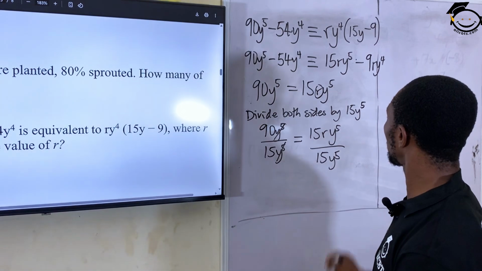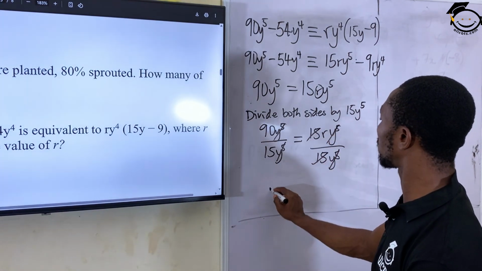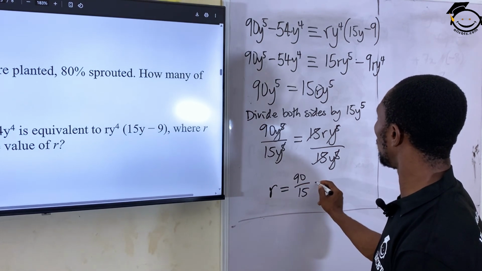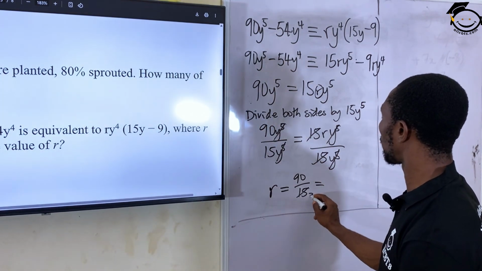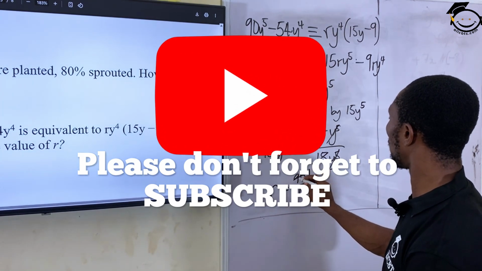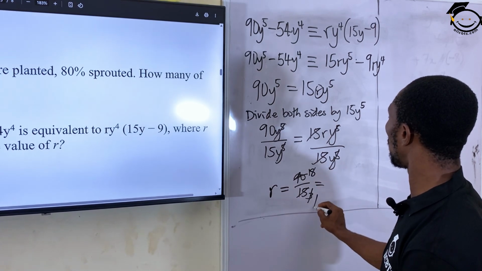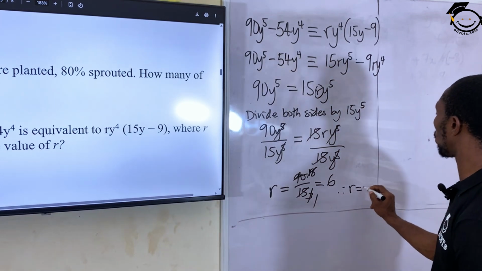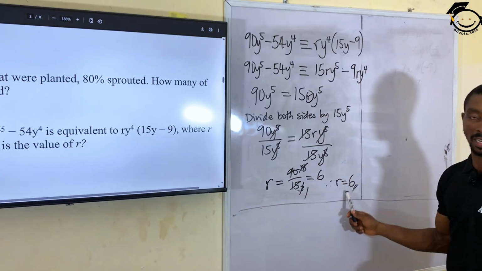This will cancel this. This will cancel this. 15 will cancel 15, leaving us with r equals 90 over 15. If we break this down, 5 here, 3, 5 here, 1, 5 into 9, 1, remaining 4, into 40, 8. 3 here, 1, 3 into 18, 6. So therefore, our r equals 6. The value of r is 6.